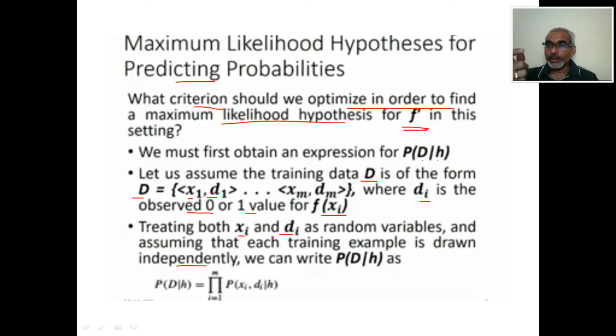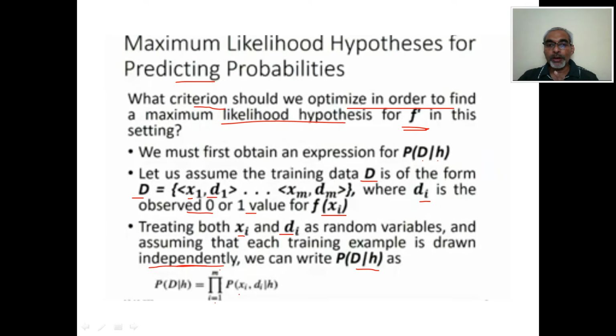Like tossing a coin, an independent event, because the second toss does not depend on the previous one. So we can write the probability of d given h as a product. Why a product? Because we are talking about independent events. So it is equal to the product over i is equal to 1 to m.